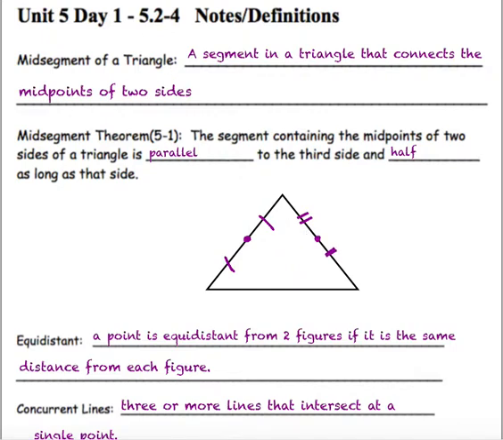There we go. Then the line that connects them will be parallel to the third side of the triangle. So this line here will be parallel to this side, and it will be half its length. So if this is x, this one is 2x. And that's important for solving problems that we'll see.